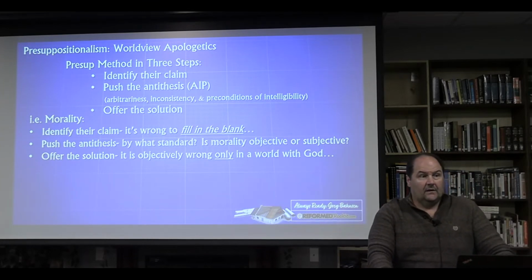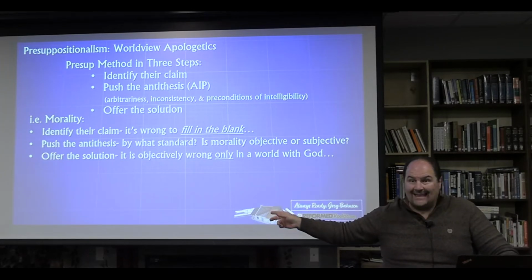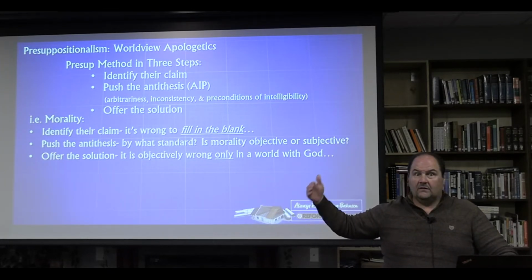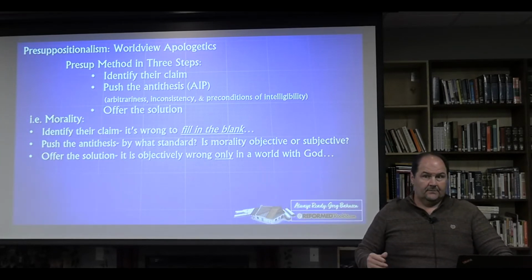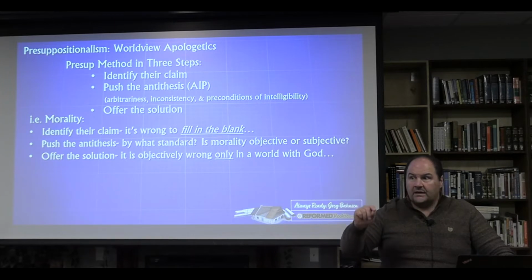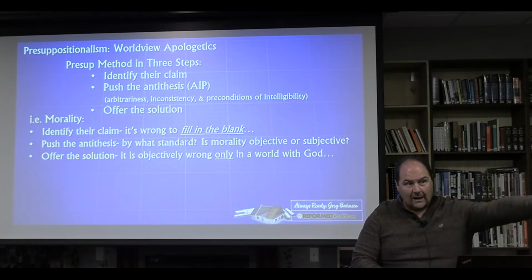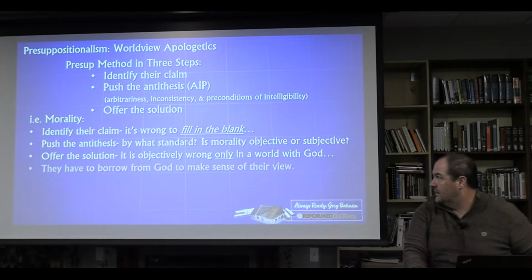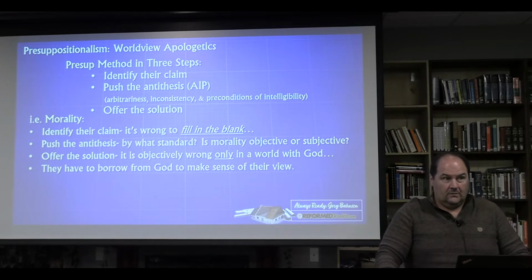It's not objectively wrong in an atheistic worldview because there's no objective moral standard by which we're measuring this. Make sense? It only is objectively wrong in a world with God because we have an objective standard to point to. They have to borrow from God to make sense of their view.